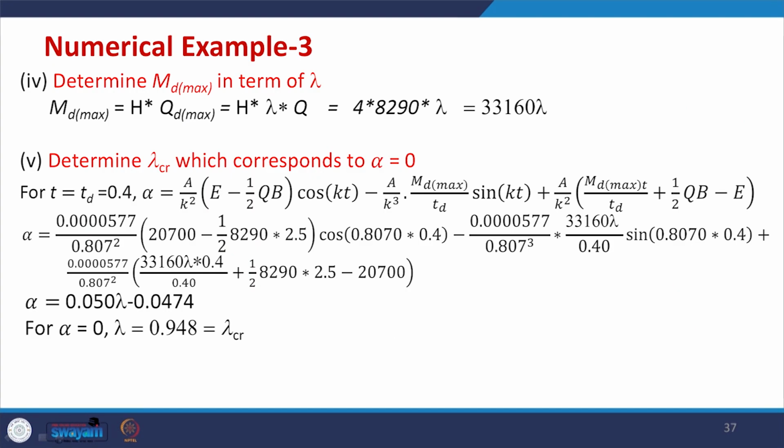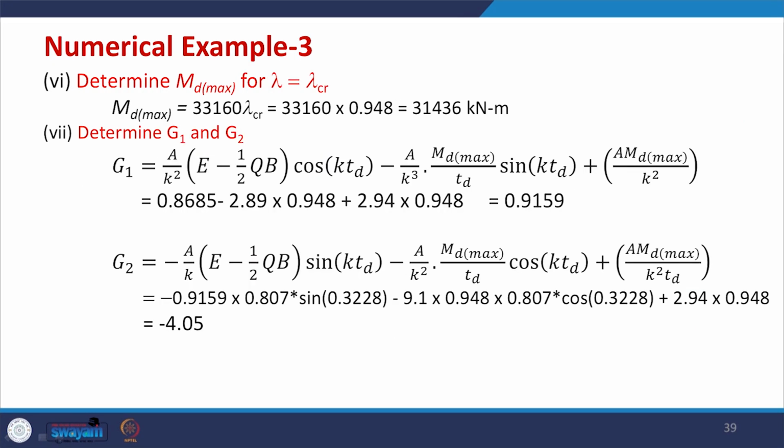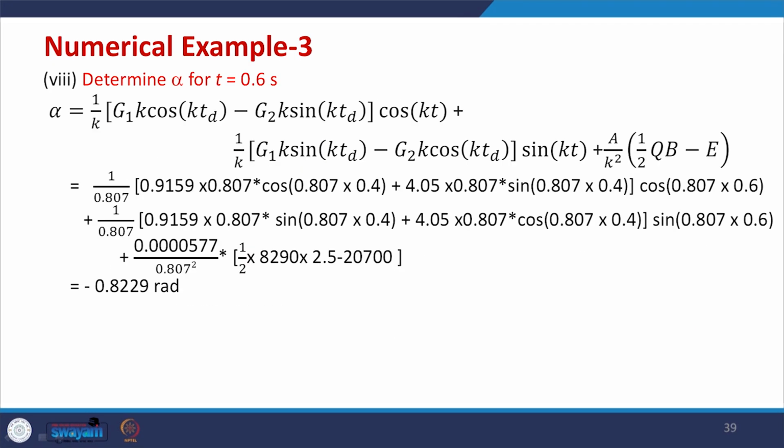So, for 0.6 second, we need to use the equation for the second part, which is applicable when t is greater than Td. So, when t is greater than Td, you use this equation, and in this equation we put all the numbers, and ultimately you get 0.8229 radian. So, this gives you the value of the rotation. And this was the last example here.